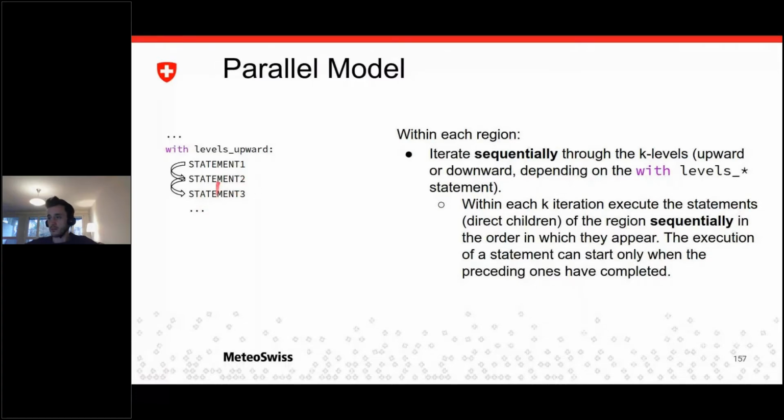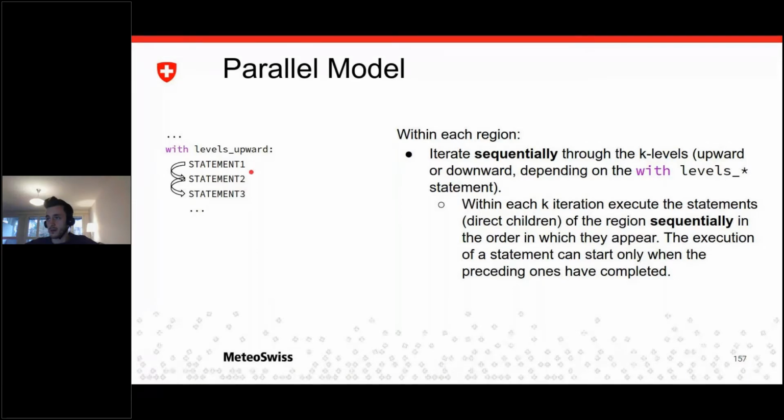Maybe two remarks here. The statements I refer to are direct children of the region, and we will see that you can have sub-statements. So here we really think about the outer statements, the ones that are direct children of the region.